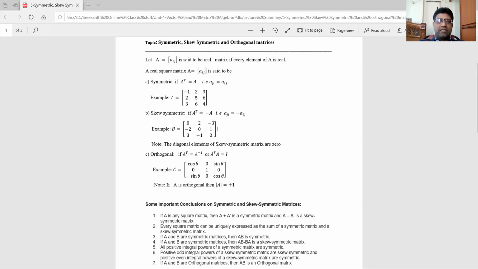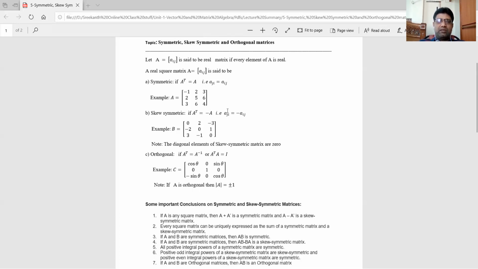One interesting point you have to note down is that in a skew symmetric matrix, the leading diagonal or principal diagonal elements must always be 0. Here they are 0, 0, 0. Otherwise you cannot get a skew symmetric matrix. That is true here.